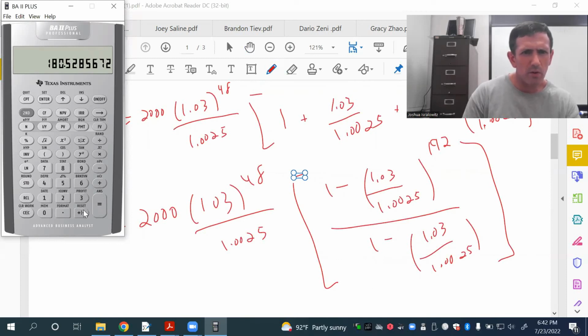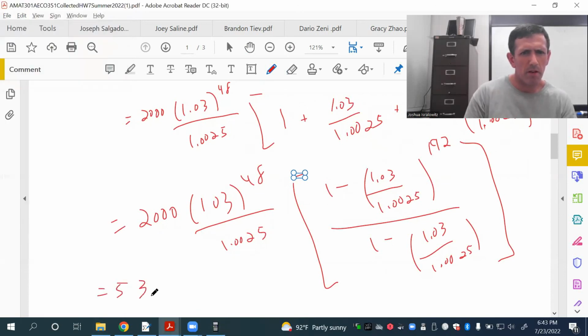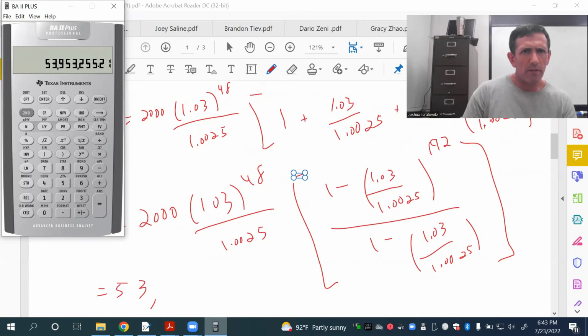Yeah, okay, so make this a minus plus 1 over 1 minus, we call it 1. All right, this whole thing times 2,000 times 1.03 to the 48 over 1.0025. We get 5395326.